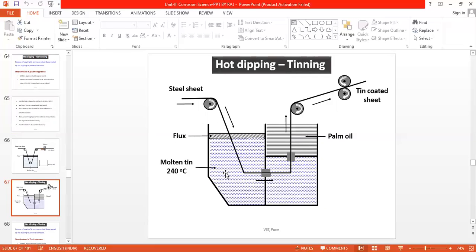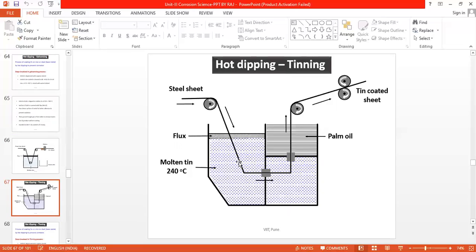Again, the period for which it is dipped depends on the thickness of the coating layer required, ranging from a few minutes to several hours. So here the steel sheet or iron sheet which needs to be protected is cleaned first by surface treatment.